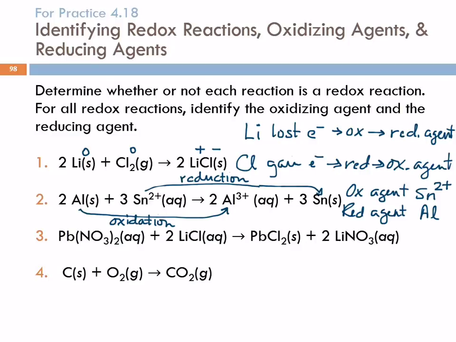It has to be one of the reactants. So aluminum is the reducing agent, tin 2+ ion is the oxidizing agent. So we always do the ones in the reactants? Yeah, it's the reactants. And over in the products, this is the result of after the oxidation and reduction has occurred.